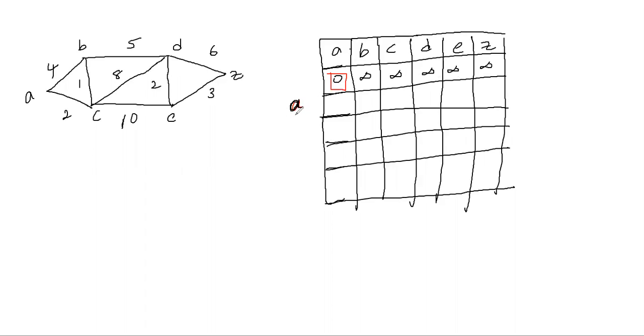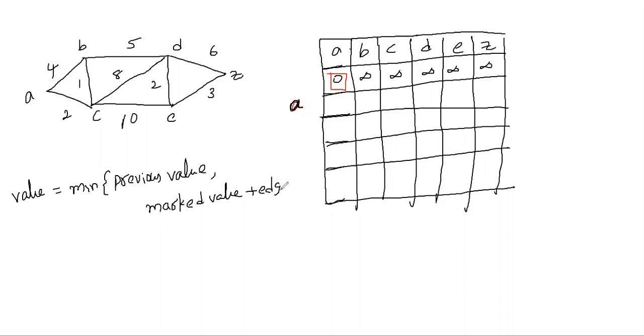Now next, there is one formula. What is that formula? Value equals the minimum of the previous value comma the marked value plus the edge value.